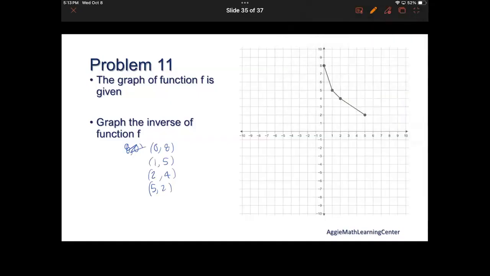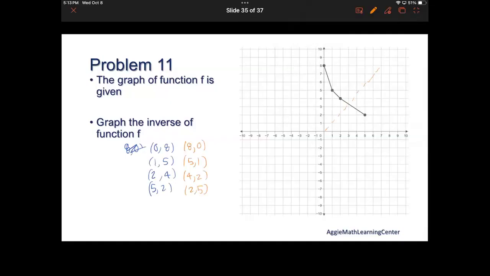And then I come to the inverse where I just flop them like this.